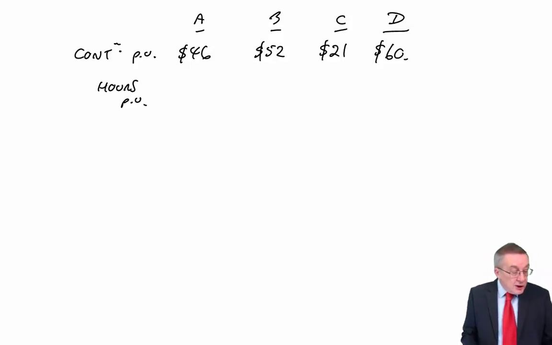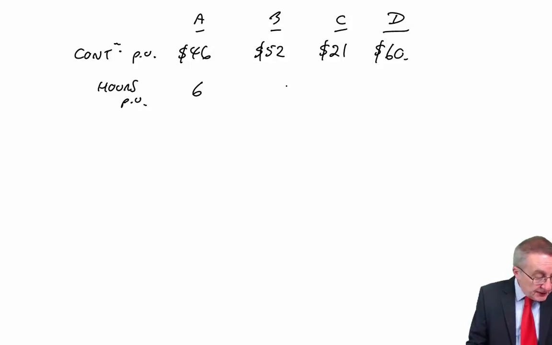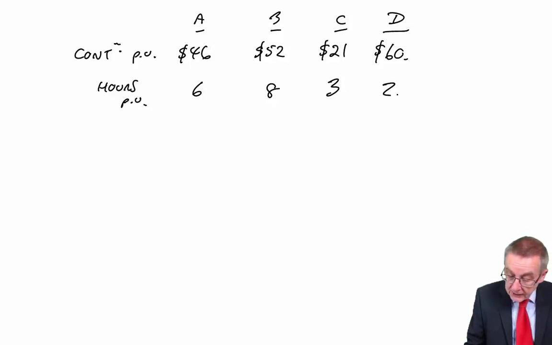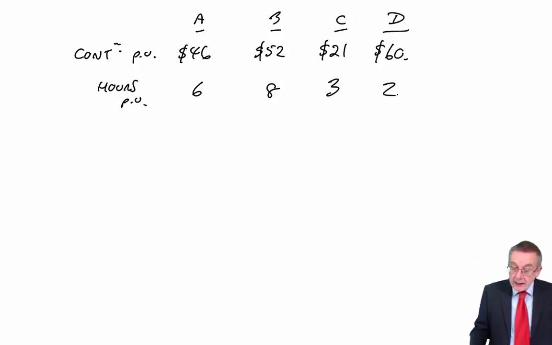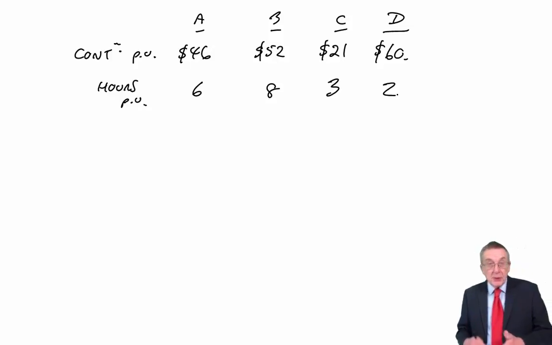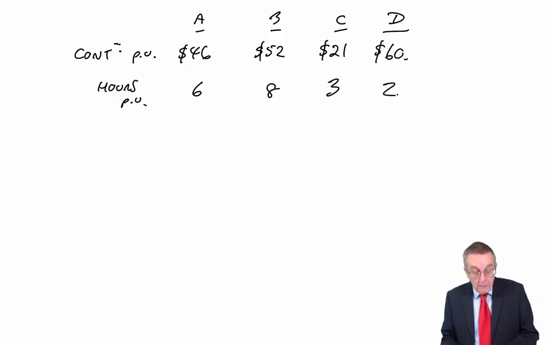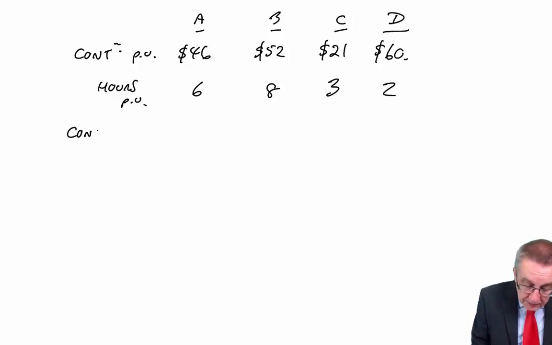And to make each A, take 6 hours, to make each B 8, C 3 hours a unit, D 2. And given we've limited hours, we want to use them wherever we can make the highest contribution per hour. So the contribution per hour for each product.